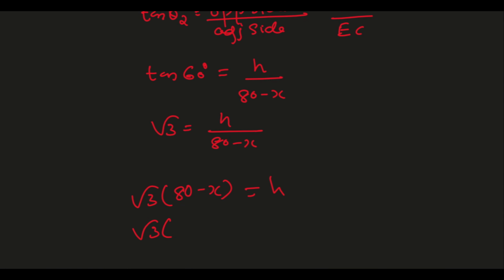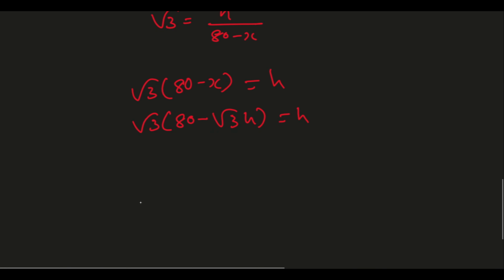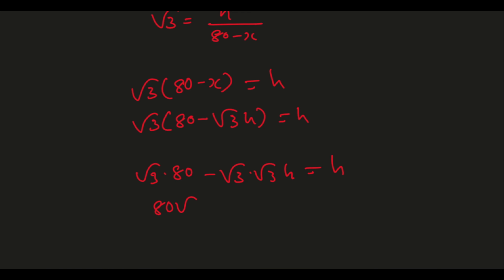So we get root 3 into 80 minus root 3 H is equal to H. So we get root 3 into 80 minus root 3 into root 3 H is equal to H. So we get 80 root 3 minus 3H is equal to H.